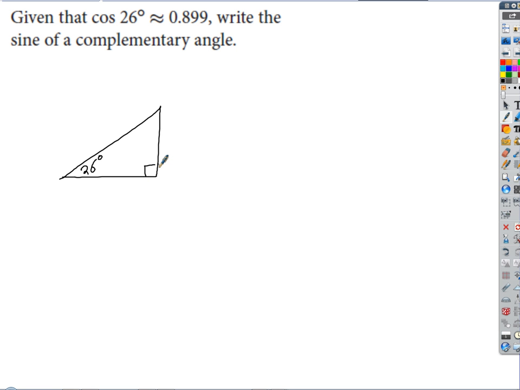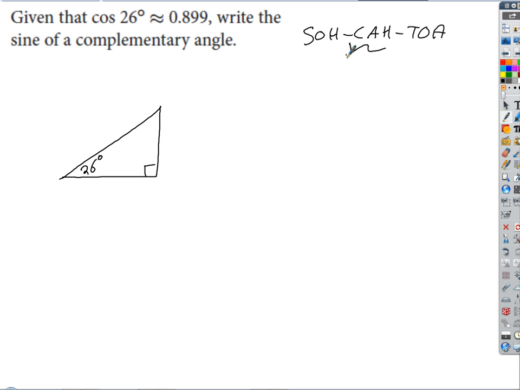How could I write the other side lengths in a way that's going to represent this situation? What's cosine the ratio of? Okay, good. So we're doing cosine, so that's the ratio of, what is it again?